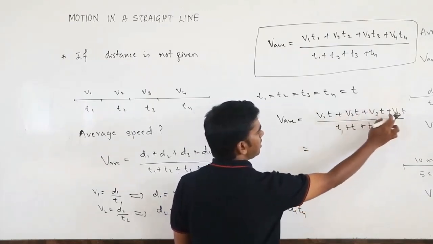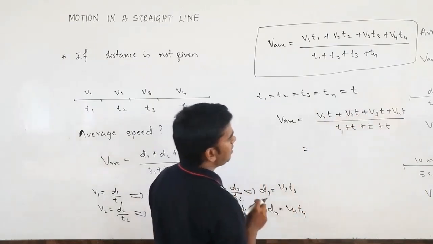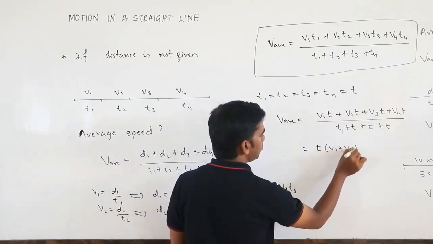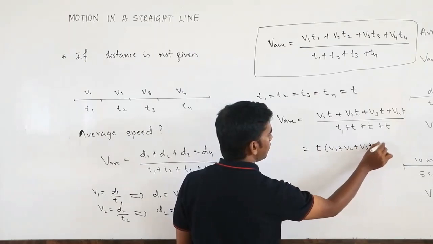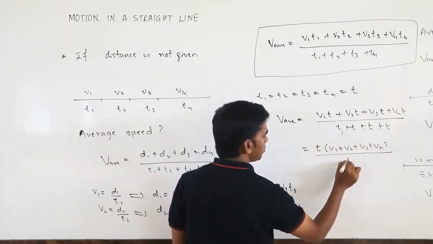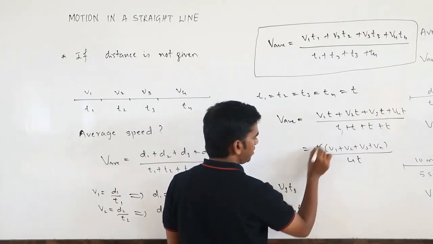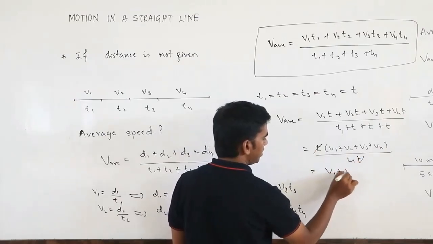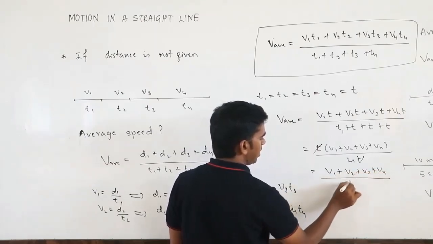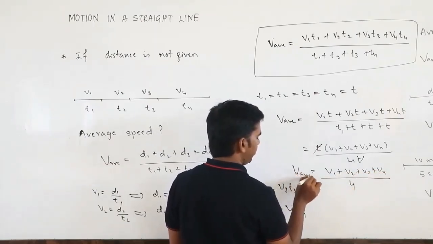The common factor is t, so take t outside: v1 plus v2 plus v3 plus v4 divided by 4t. This t will get cancelled, so v1 plus v2 plus v3 plus v4 whole divided by 4. This is the simple average.